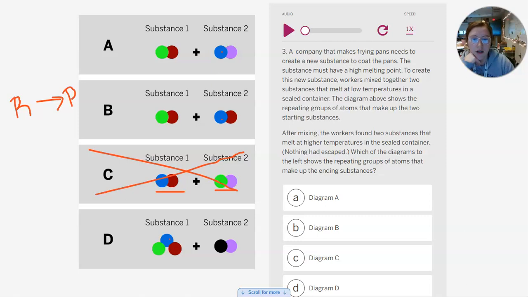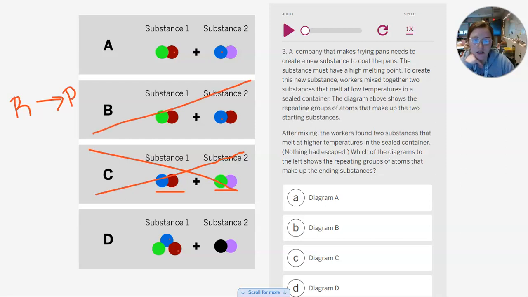Great. Let's see if they all have a red. Here's one red. Here's two reds. I only had one. Can an atom become a different atom? No. So if I only started with one red, I can't magically have two. So it can't be that one.